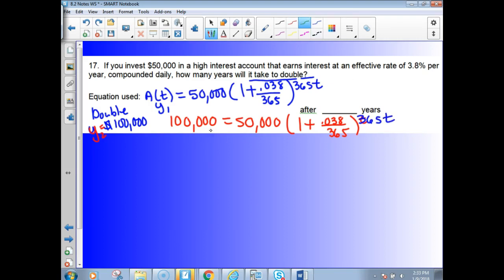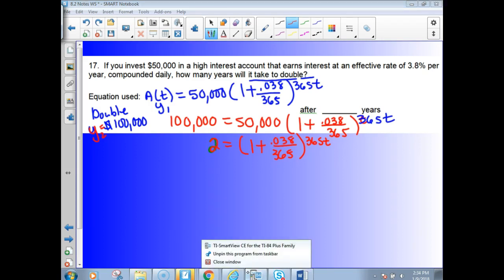But here's what I was thinking. I'm going to reduce this down by dividing both sides by 50,000, which will give me 2 equals, and then I won't have to worry about all that zoom fit stuff. I'm going to put in my graph for this and this, because 2 stands for doubling.